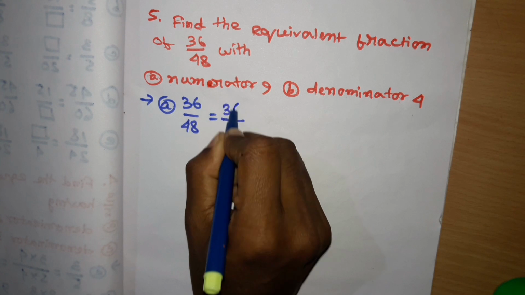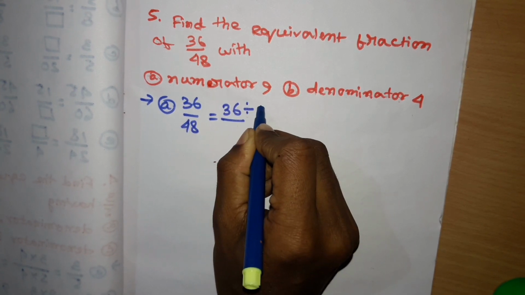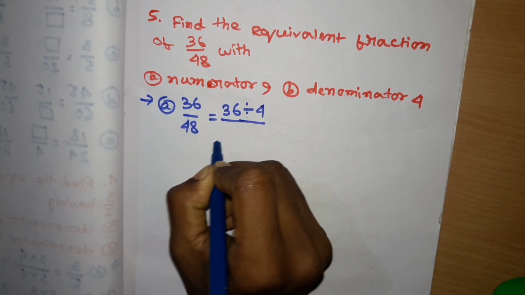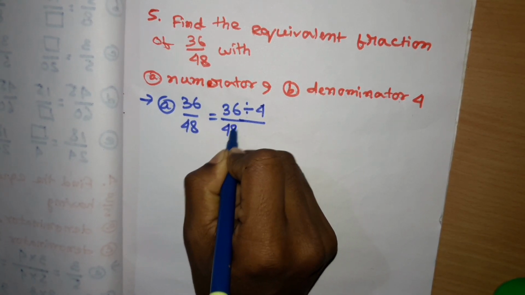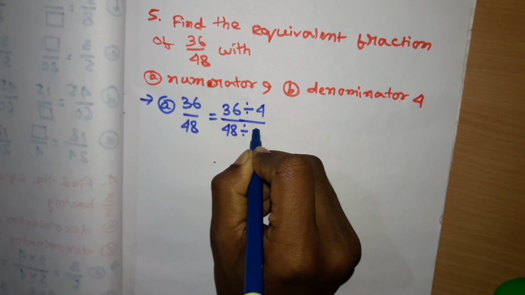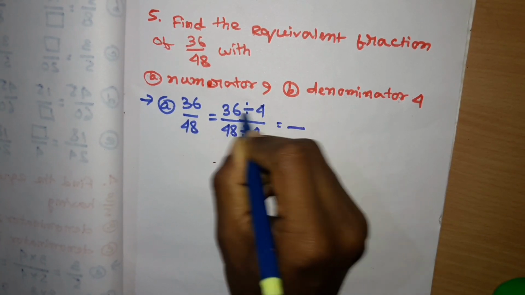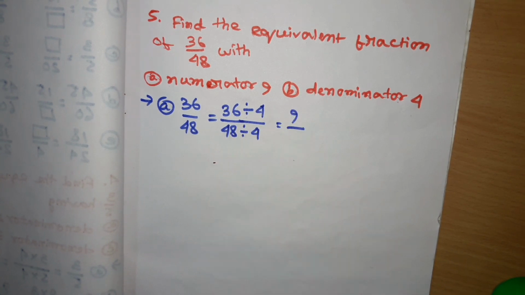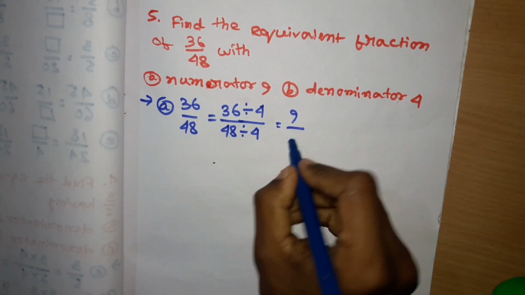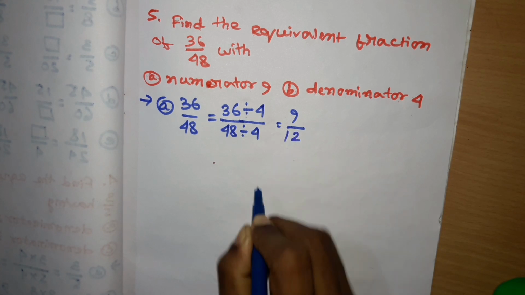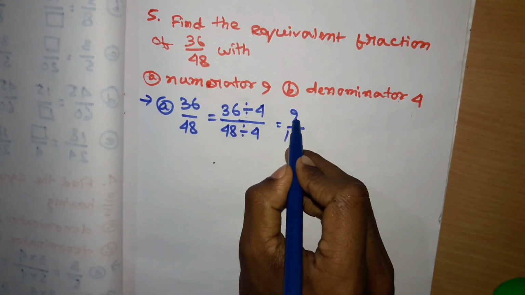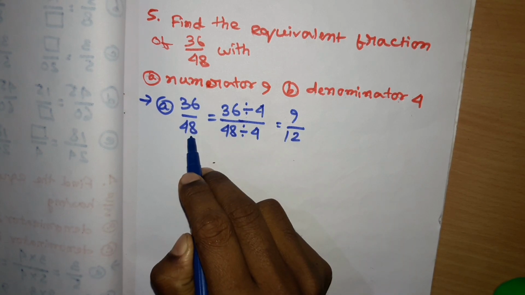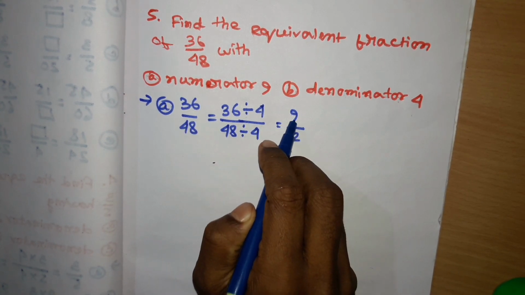So to get numerator 9, we have to divide 36 by 4. If we divide the numerator 36 by 4, we have to divide 48 by 4 also. That way we will get 9 here. 4 9s are 36. So 12 4s are 48.